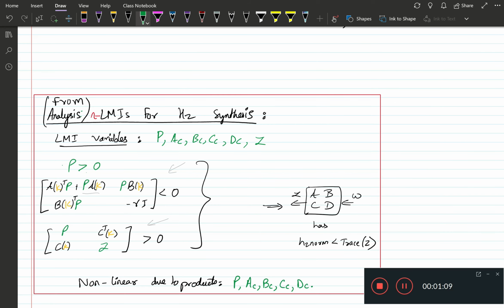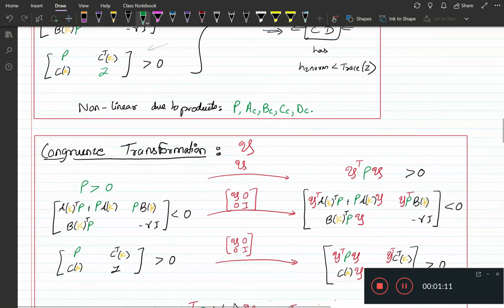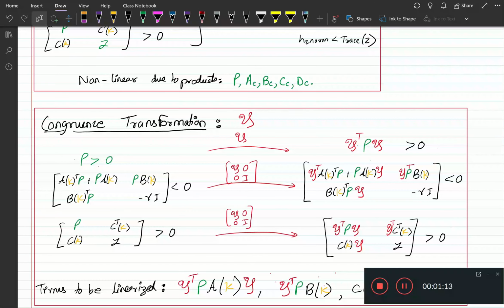So we can again do the same thing. We can think of a congruence transformation with a matrix Y and transform these three inequalities to Y transpose PY positive definite.